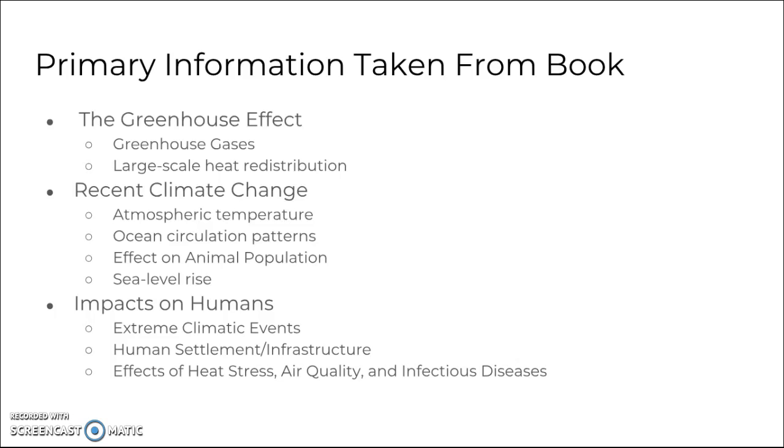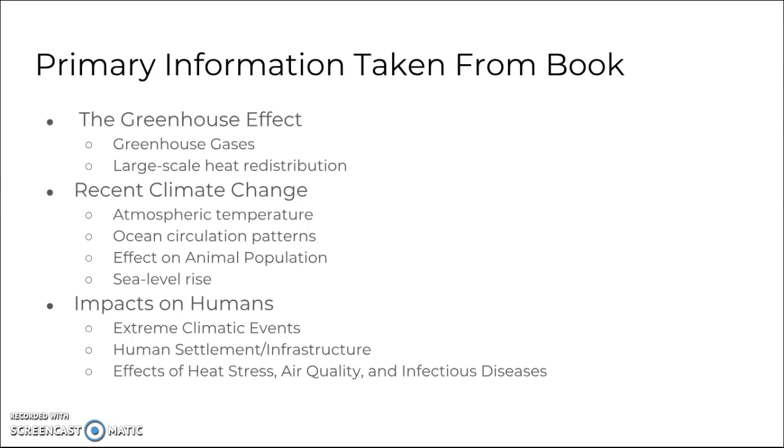Mostly the definition of the greenhouse effect, what greenhouse gases are, and how those greenhouse gases contribute to a large-scale heat redistribution that's going to ultimately raise our atmospheric temperature and affect ocean patterns and therefore weather patterns, as well as sea level rise.